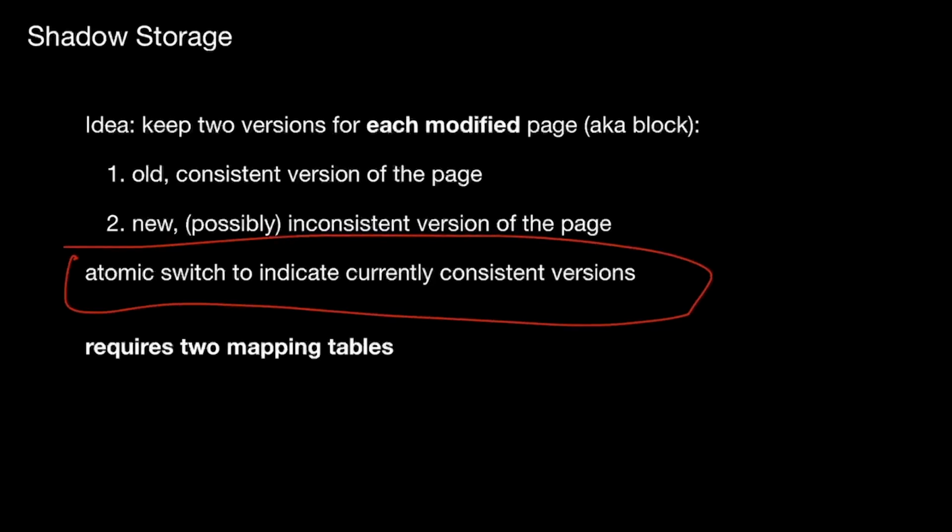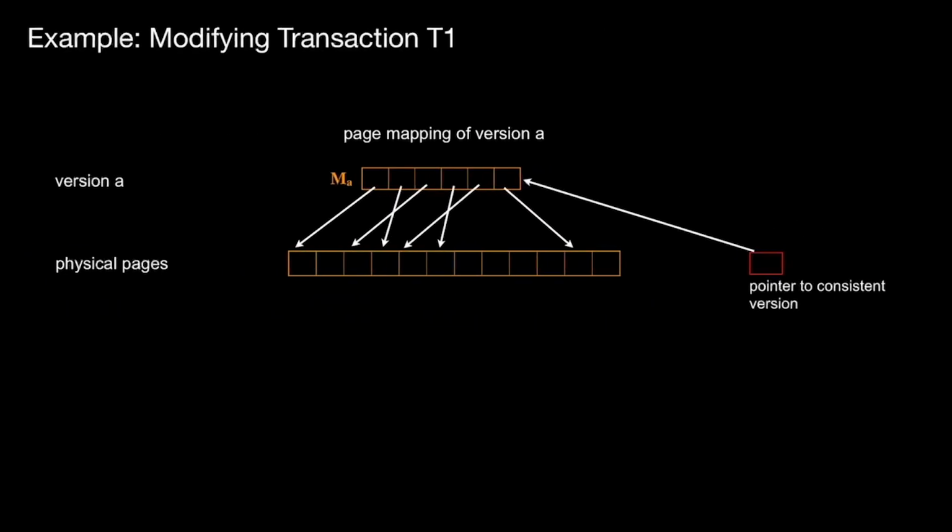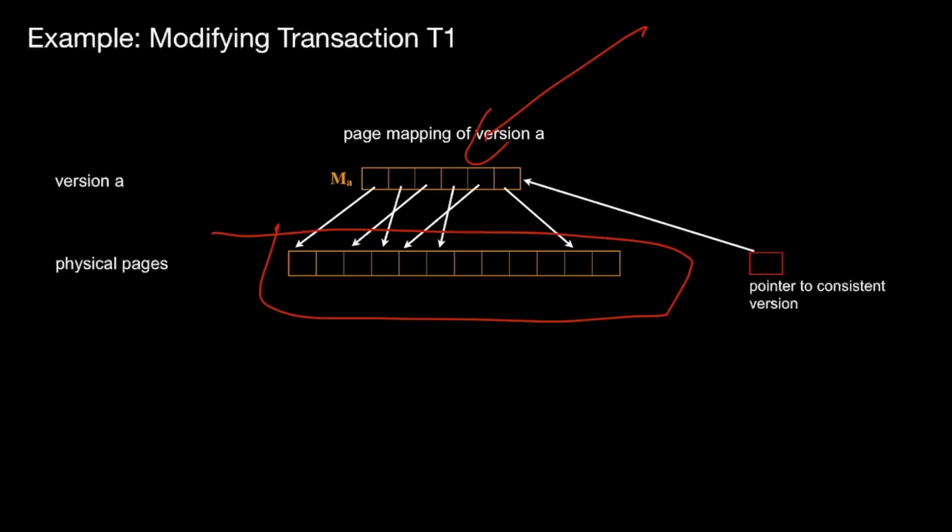So to make it more concrete, basically you have these physical pages, and then you have a mapping. So this is already a mapping: you have a logical page ID here, so the user refers to some position here, and that is mapped internally to physical pages. Here is our indirection.